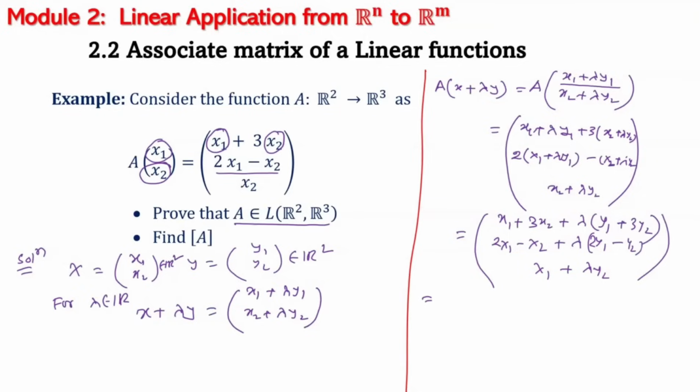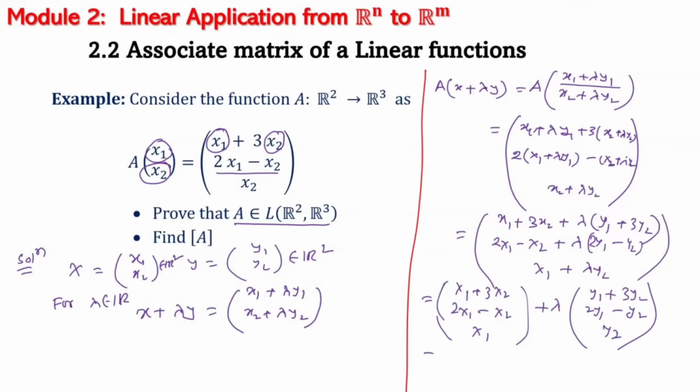So this we can separate it as (x1 plus 3x2, 2x1 minus x2, and x1) plus lambda (y1 plus 3y2, 2y1 minus y2, and y2).